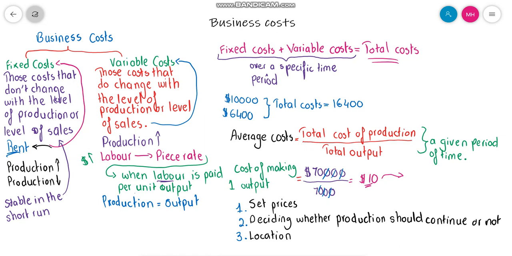Let's say the cost of making one shoe was a lot, the total output was really little, and when they sold the product the revenue was very low. Revenue is the income from a product over a given period of time. So they'll stop production because it's too expensive to make and revenue is low. And for location, which location is better, location A or location B, in terms of costs.